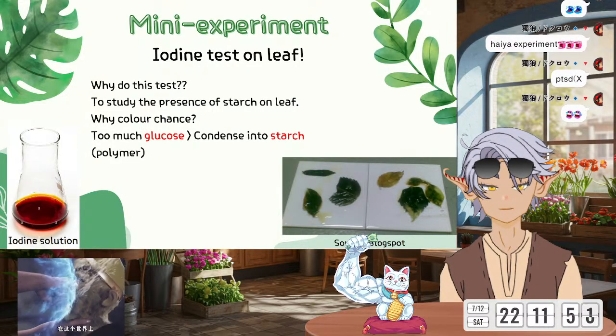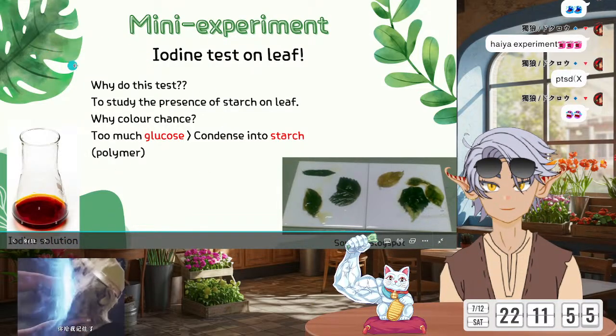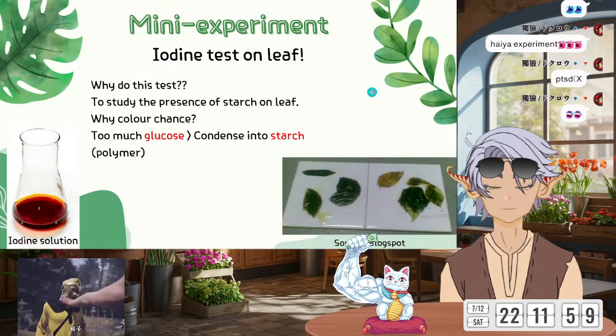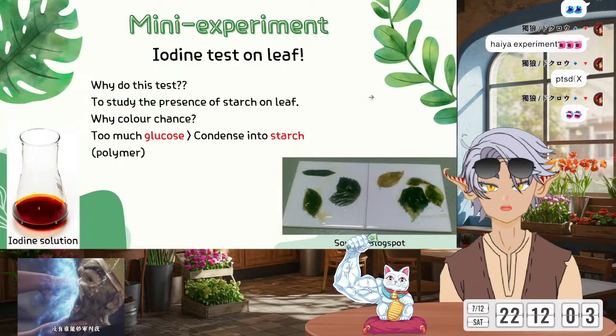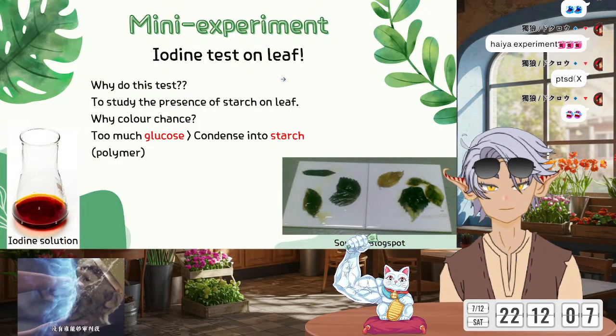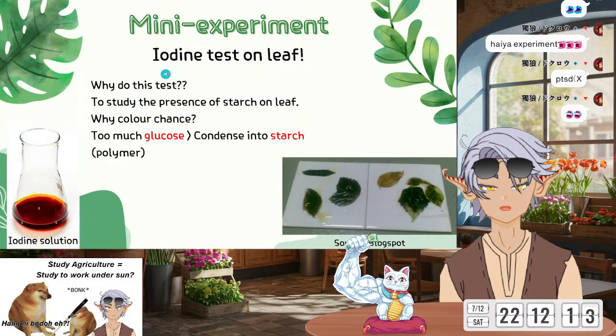It means when I drop it, it will remain the same yellow color. But the part which is exposed to the light will become dark blue. So you will say that photosynthesis happens with the presence of light. This slide maybe I need to change for future reference.